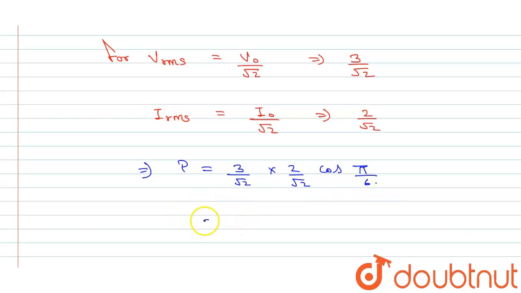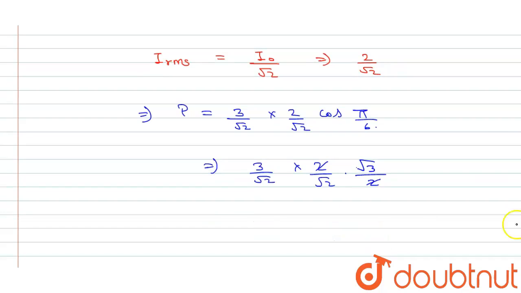Now solving this equation, we get 3 by root 2 into 2 by root 2 and cos pi by 6 is equal to root 3 by 2. Here the 2 is cancelled. So we get the value of power as 3 root 3 by 2. So here we calculated the power.